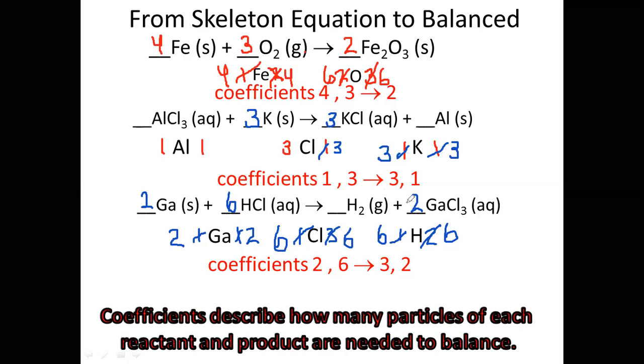Our coefficient of 2 belonged only to chlorine. So to get what we needed for hydrogen, our coefficient should have been a value of 3, not a value of 1. So our coefficient, 3 times 2, creates the 6 hydrogen we need. So 2, 6 creates 3, 2.